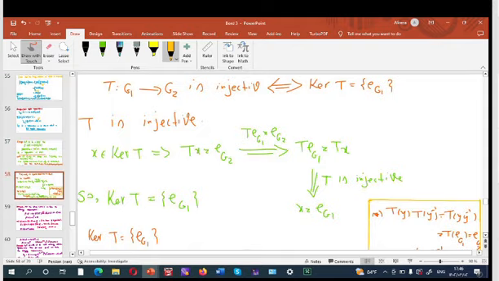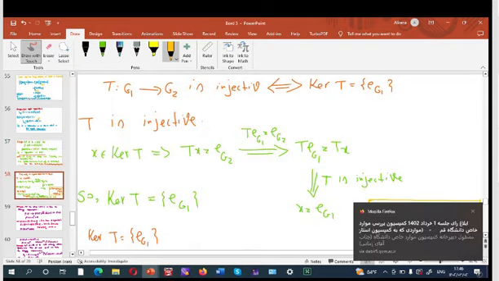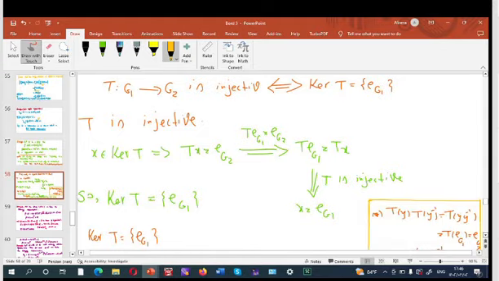And for this, T is injective if and only if the kernel of T is equal to this. We see that if we assume that T is injective, then for any x in the kernel of T, T of x is equal to E of G2, the identity element of G2.